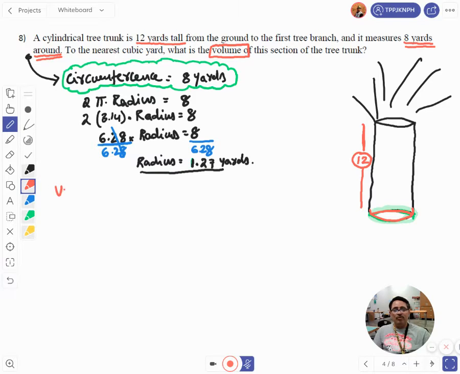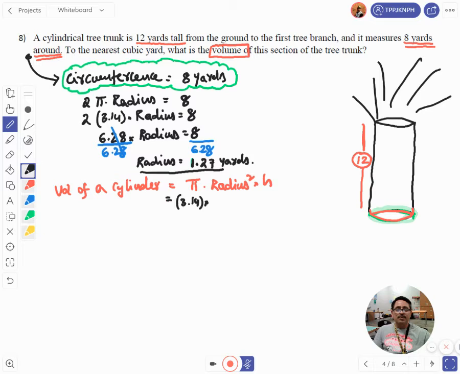Volume equals the volume of a cylinder. You know that the volume of a cylinder is pi times radius square times h. As I mentioned before, you have to memorize all these rules. So it is 3.14.